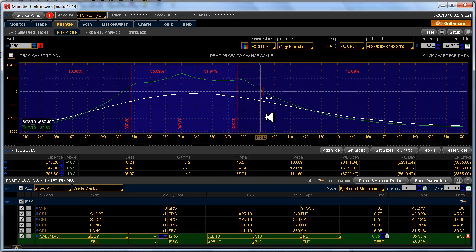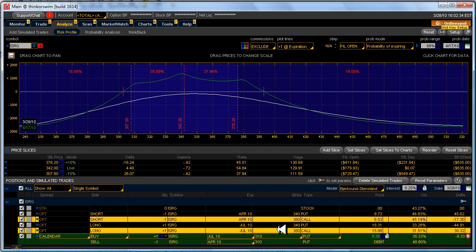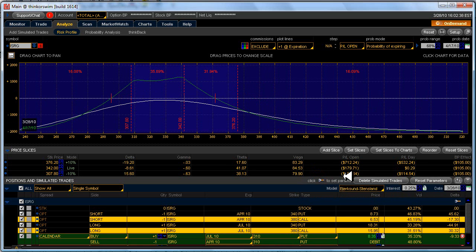If you think that the stock is really going to continue drifting in that direction, then you can sell your call calendar. Let's see if we were to do that. We just hold down the control here and say analyze closing trade, and that would make our tent look like this if we did close that.